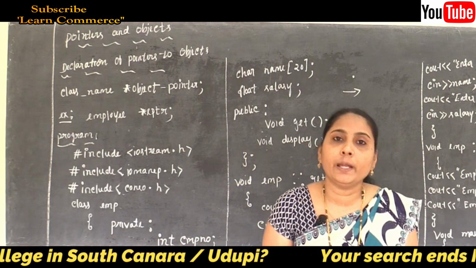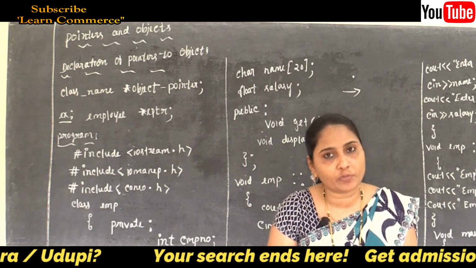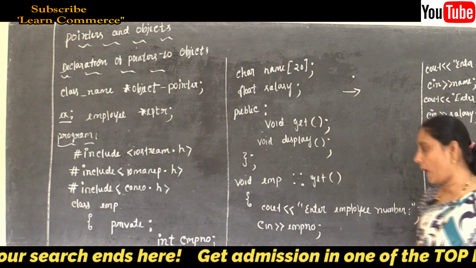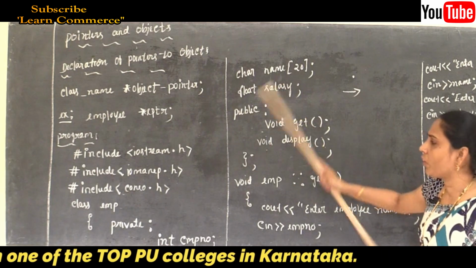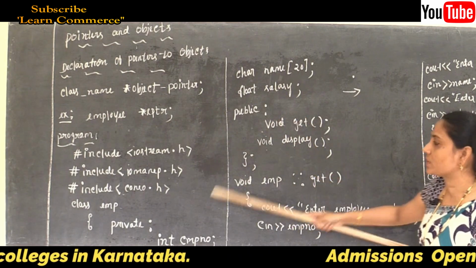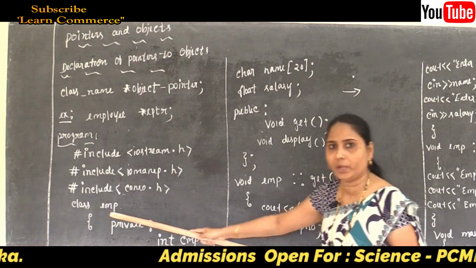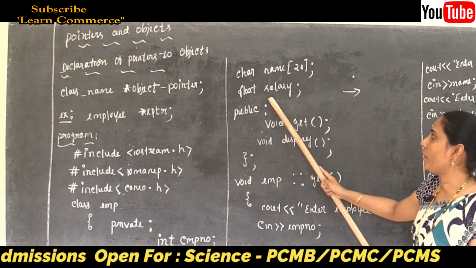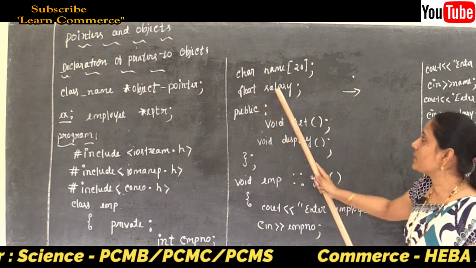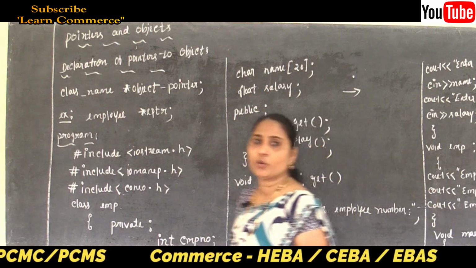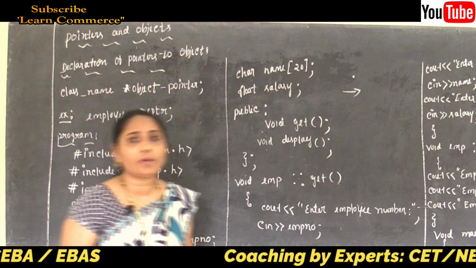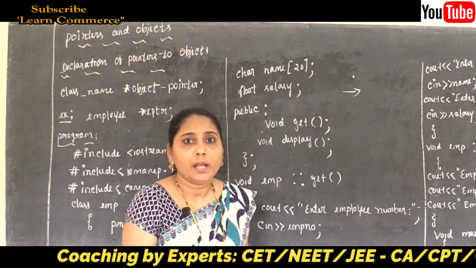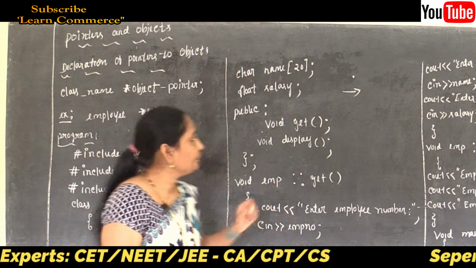So in private I am using the member data empnumber, name of the employee, since the class name EMP is the short form of employee, and the salary, which is a float, that means a fractional point value.